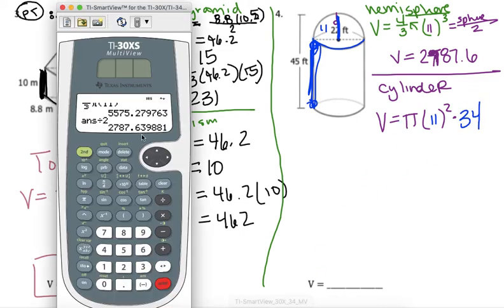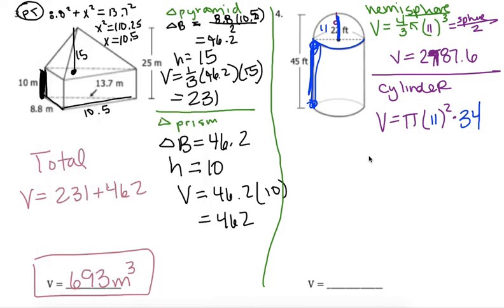Now I can go to my calculator to find it. Pi r squared times our height of 34, and 4,114 pi, but I'm going to use my toggle button to approximate this. 12,924.5.